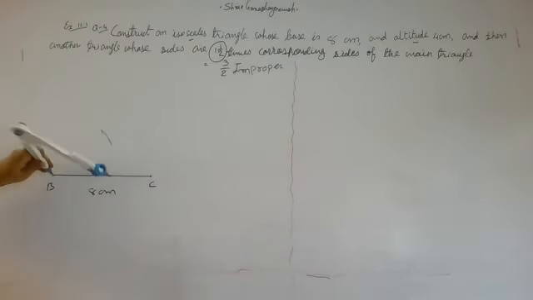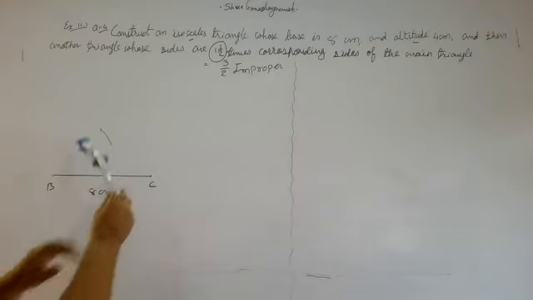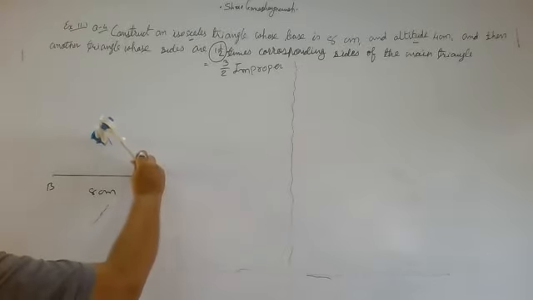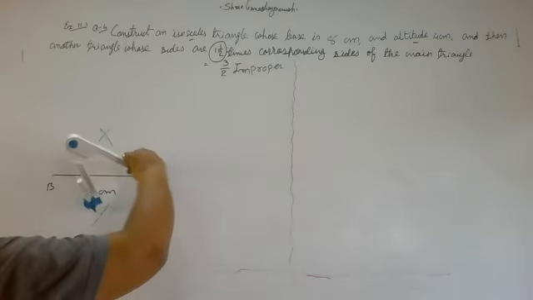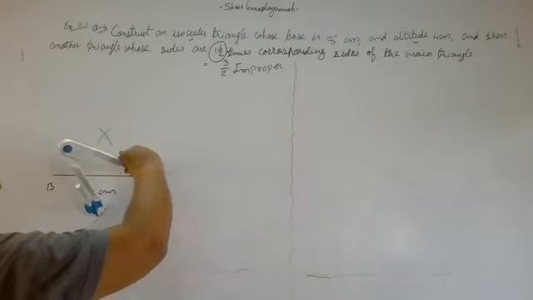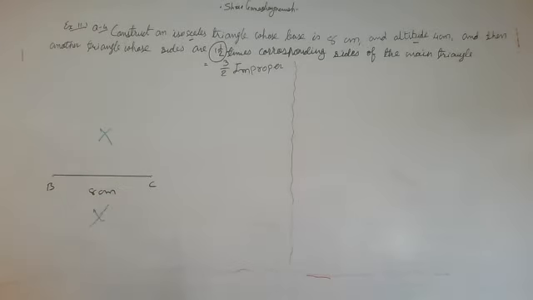With the same measurement we have to do the downwards arc like this. With the same measurement from C we have to intersect both the arcs, and where both the arcs intersect, those are the points for perpendicular.